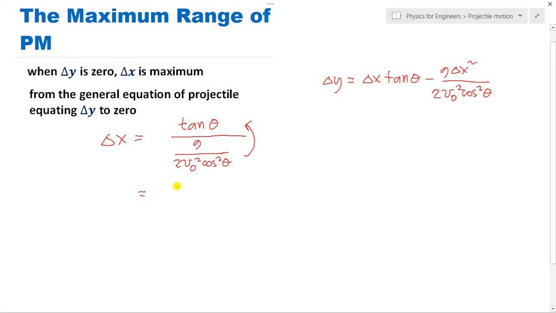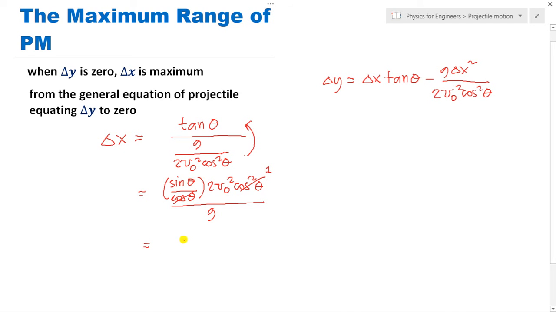And then for tangent theta then i-simplify na lang natin ito as sine over cosine. So we have sine theta over cosine of theta multiplied by 2 v naught squared cosine squared theta all over g na lang matitira sa baba. Kasi diba, na-reciprocal itong denominator na ito. Then, cosine squared theta, then may cosine theta sa ibaba. We can cancel out isang cosine theta at maiiwan lang yung 1 dito.